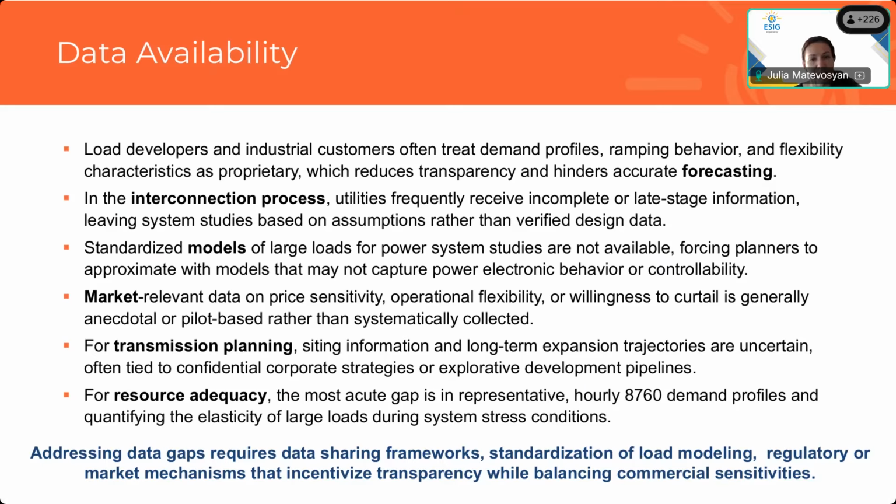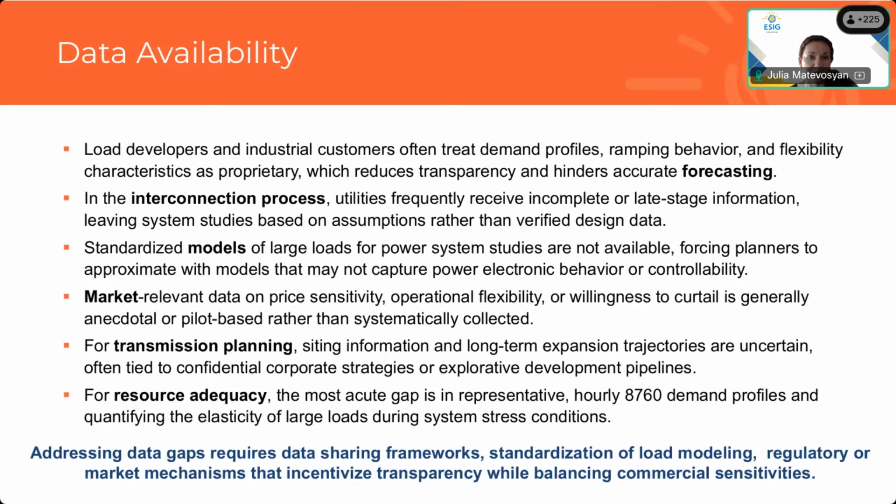For transmission planning, siting information and long-term expansion trajectories are uncertain, and again, often tied to confidential information and corporate strategies. For resource adequacy, the most acute gap right now is representative 8760 demand profiles, and then again, information about elasticity and flexibility of large loads.